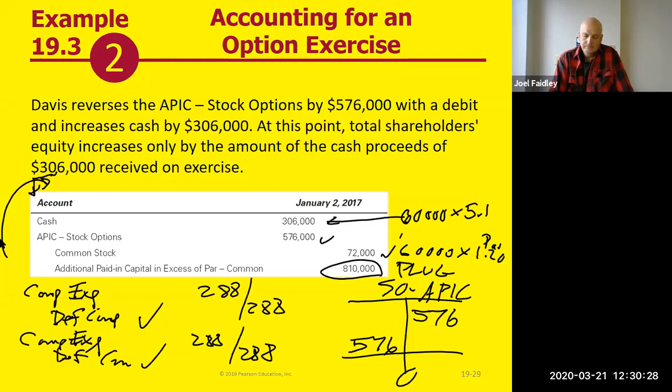You're done. As a corporation, now it's up to the individual who has these options. Are they going to exercise them currently, or are they going to hold on to them? There are a lot of tax considerations about how long you have to hold them, probably a year and a half, before something becomes long-term capital gain versus paying the ordinary income tax rate. I think it's a year and a half.